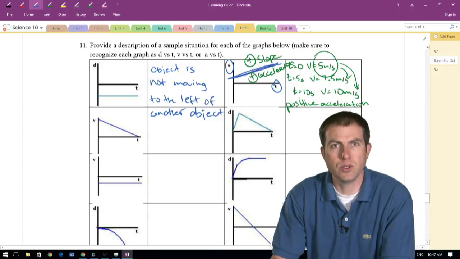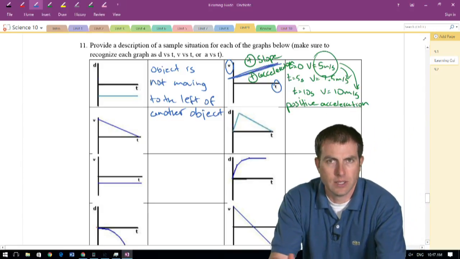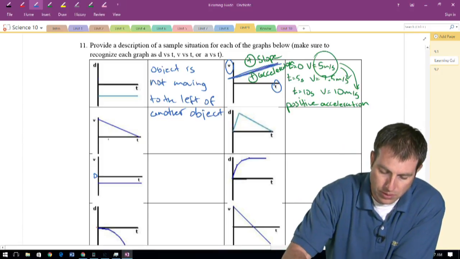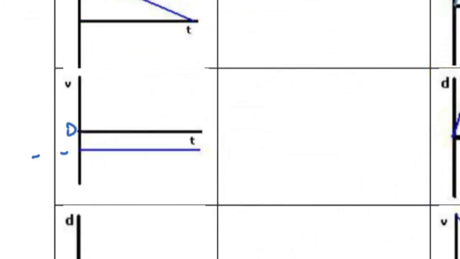If you're ever confused, you see one of these graphs and things don't really make sense, just put in numbers. So I'm going to put 0, maybe this is like -5. I'll put +5 up here, and then we can have like 2 seconds, 4 seconds, 6 seconds, 8 seconds. Something like that.